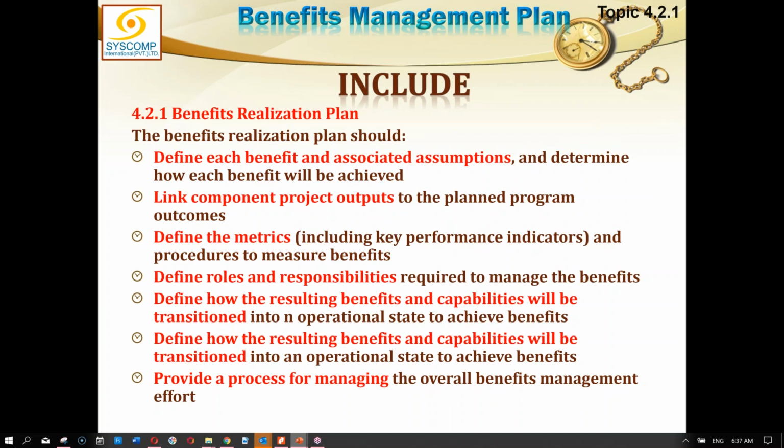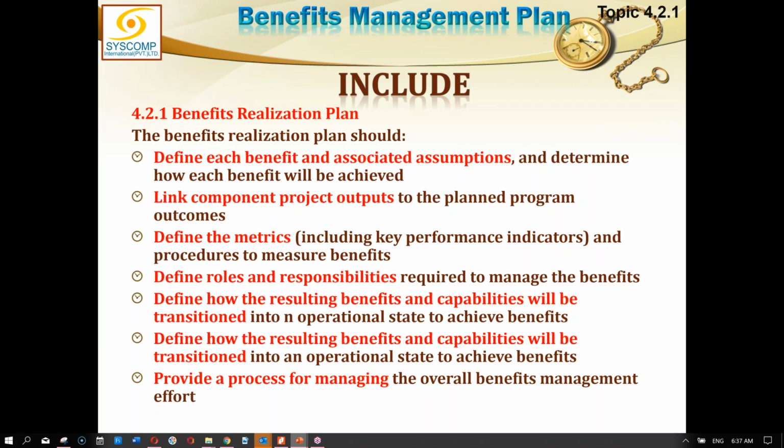Now we are talking about the realization plan. It says define each benefit and associated assumptions and determine how each benefit will be achieved. Link component project outputs to the planned program outcomes. Define the metrics, KPIs, and procedures to measure the benefits.